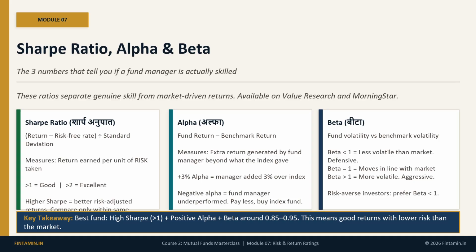You can find all three ratios on valueresearchonline.com under any fund's risk tab. Ideal fund: Sharpe about 1, positive alpha, beta around 0.85 to 0.95. This means good returns with slightly less volatility than the market.